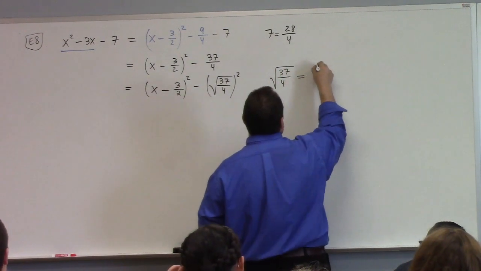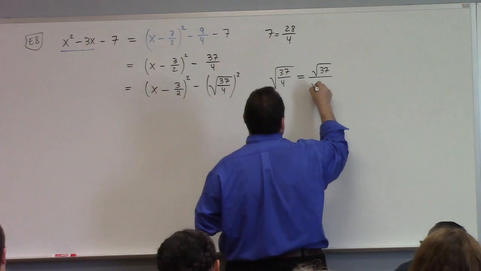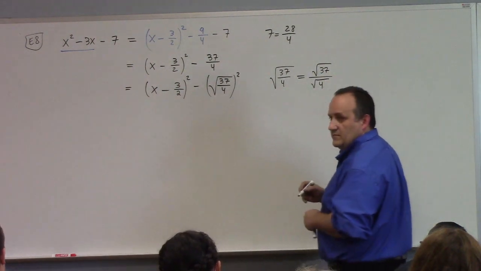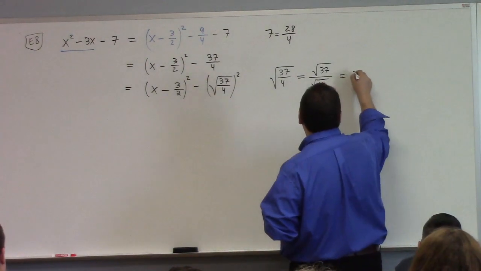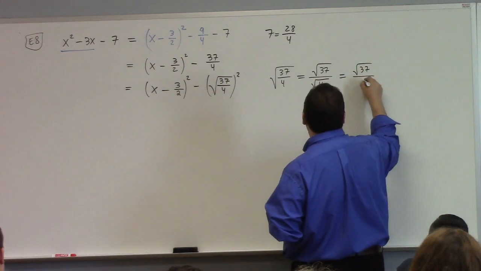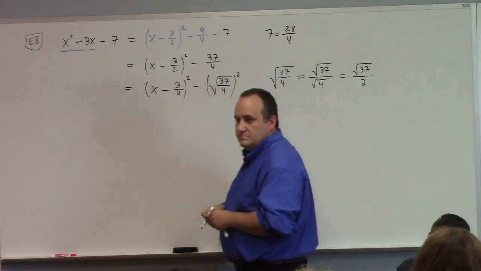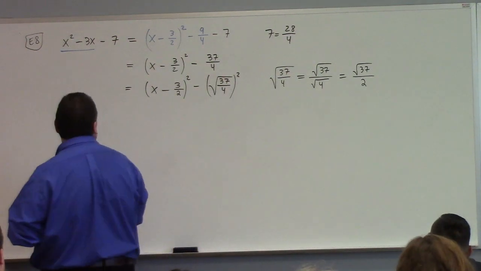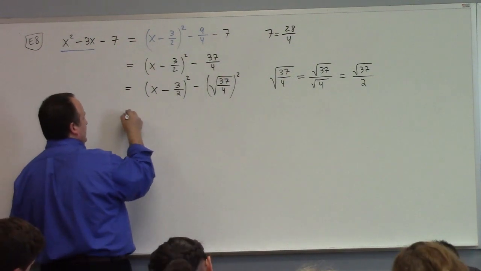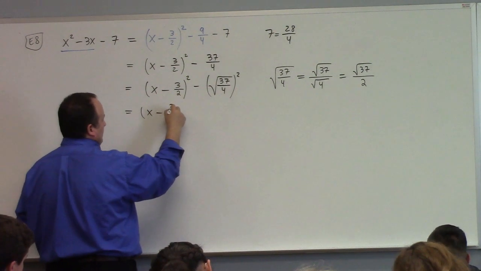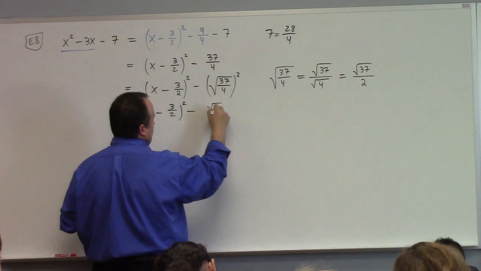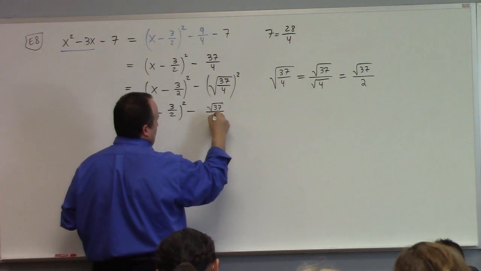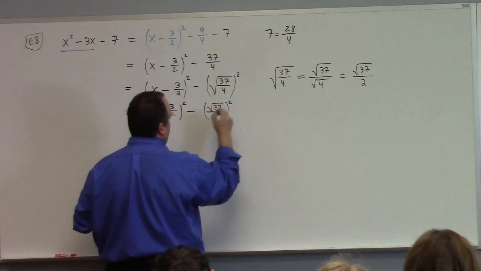Well, that's equal to the square root of 37 divided by the square root of 4 by properties of the square root, which is also known as square root of 37 over 2. So let me put that in the mix here: x minus 3/2 squared minus the square root of 37 divided by 2, quantity squared.